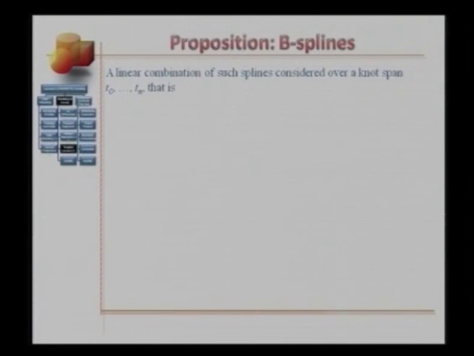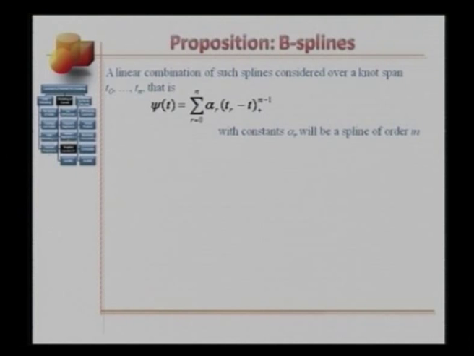A linear combination of the splines that we had seen before, considered over a knot span t0, t1, t2 up till tn, that is, some function psi of t, which is equal to the summation r going from 0 to n of alpha r times (tr minus t) truncated raised to m minus 1.